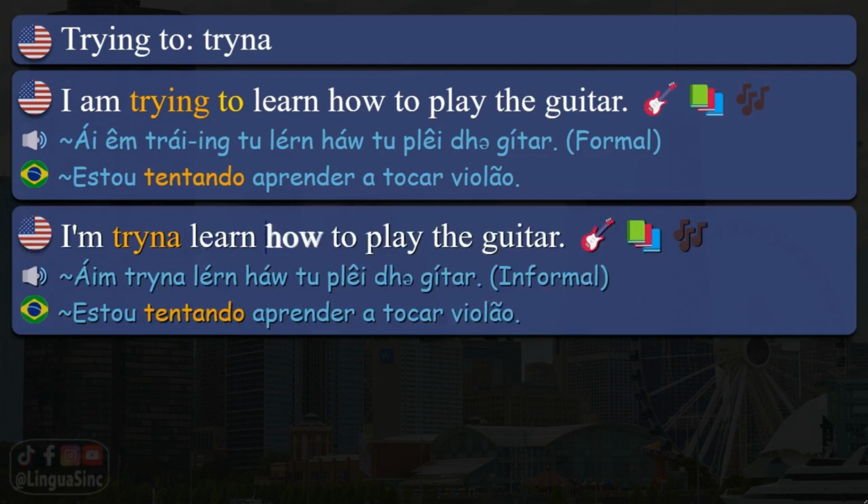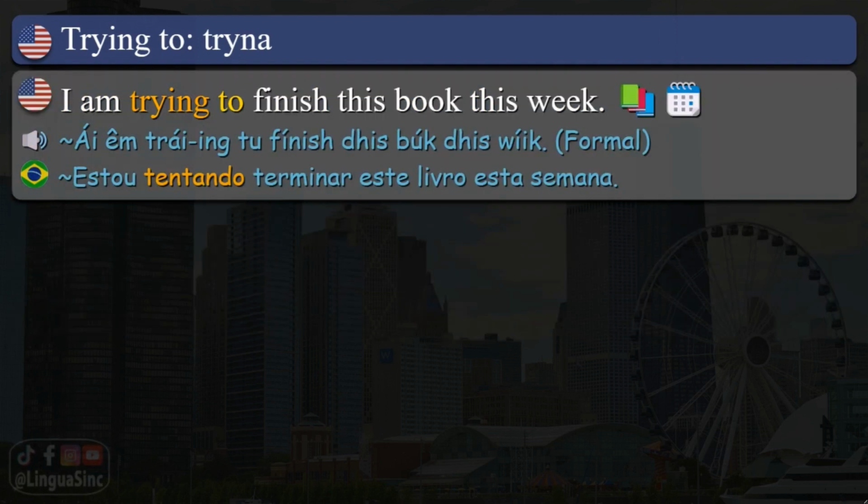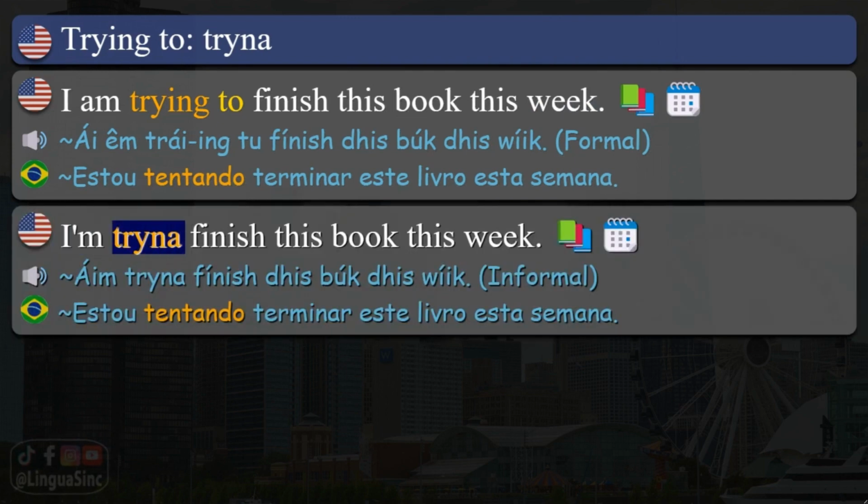I'm trying to learn how to play the guitar. I am trying to finish this book this week. I'm trying to finish this book this week.